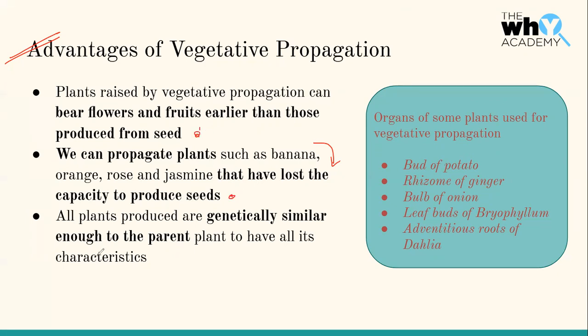Another important one. And the third one is the plants all plants produce are genetically similar enough to the parent plant to have all its characteristics. This is important when you are looking to preserve the characteristic of a plant. You don't want it to lose the important things. Like for example, you could take the example of plants which have certain vitamins or minerals already present in them, right? So when you don't want it to lose that, you can use something like this method.